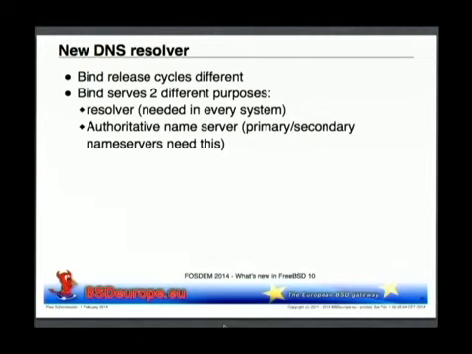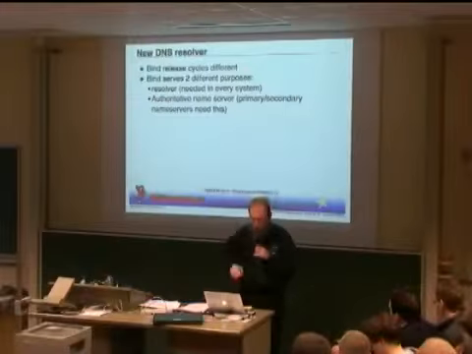And it can be used as a resolver, so the little name server that all your PCs and mobile phones connect to do the resolution for you. Most machines that you will install only need to have a resolver and don't need a complete authoritative name server. You're not running your own domains on all of your machines. You just must be able to resolve them.